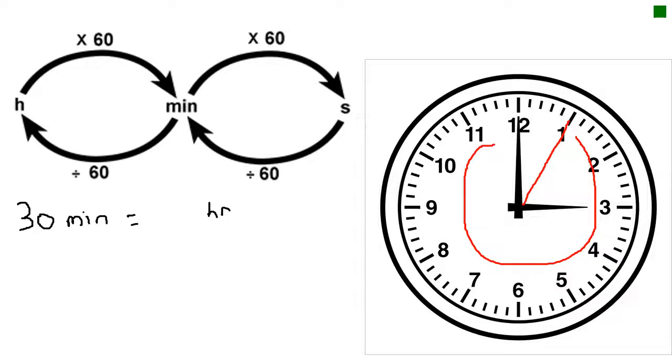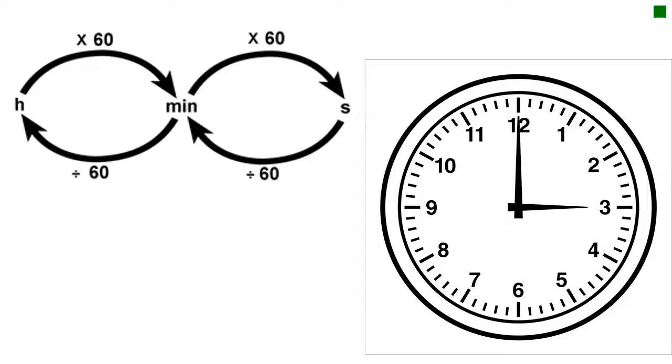Okay? And when it travels once around the entire clock, that's 60 seconds. But because there are 60 of these ticks, each one of those ticks would represent, for the red hand, 1 second. Okay?